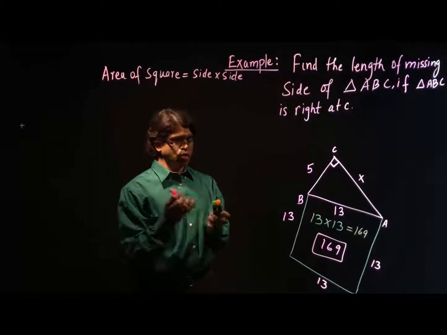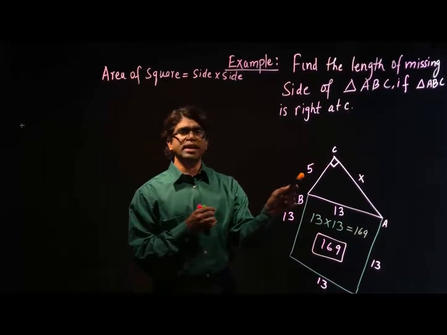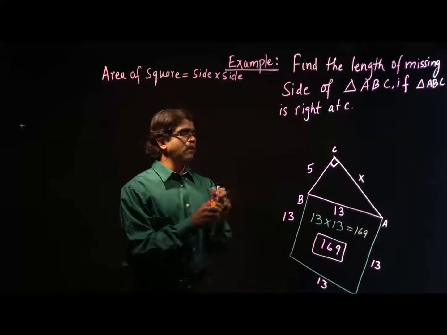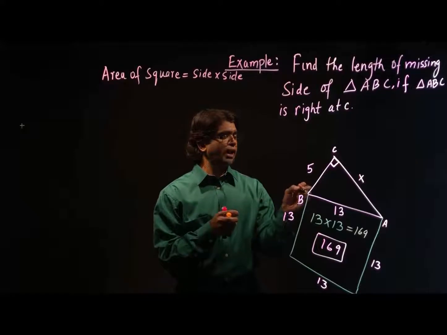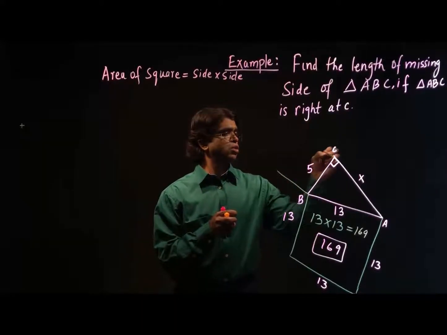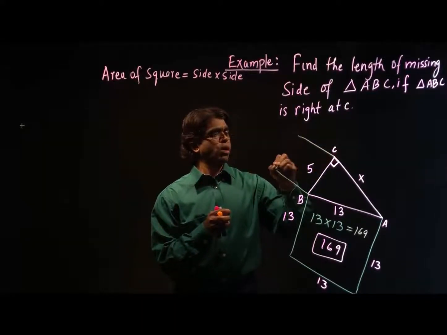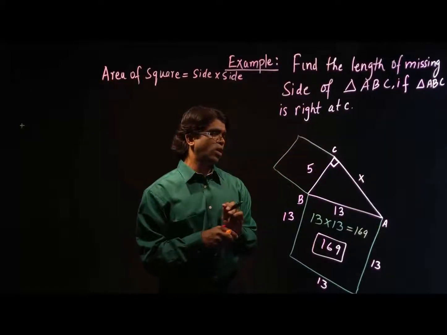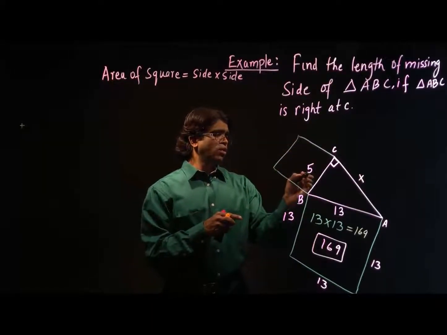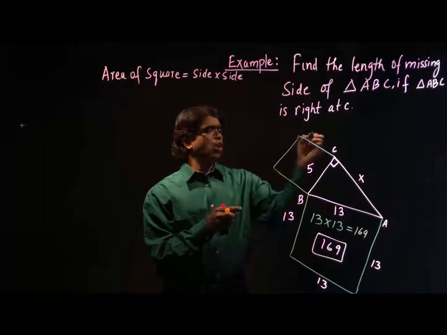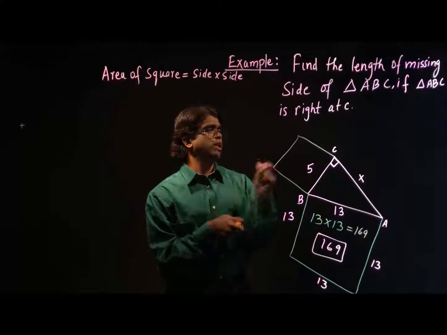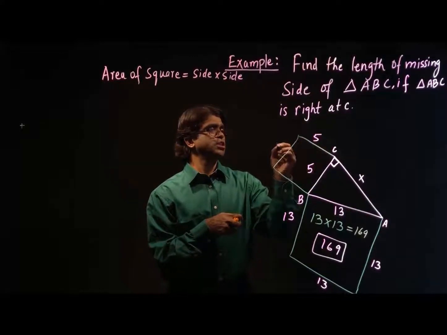Now I'm going to consider my second side that is given as 5. I will draw a square on that side. Let's pretend this is a square. If one side is 5, all other sides of this square will be 5 each.